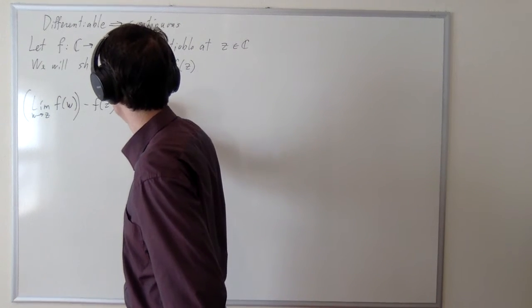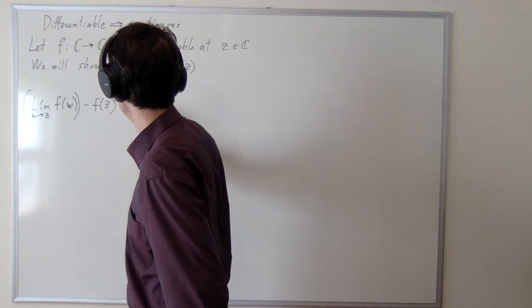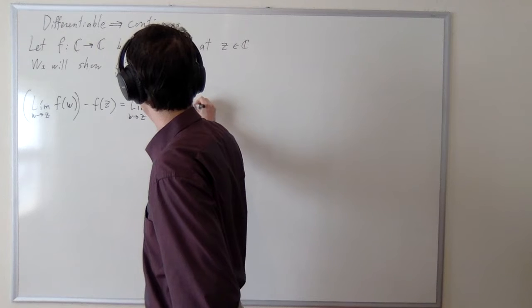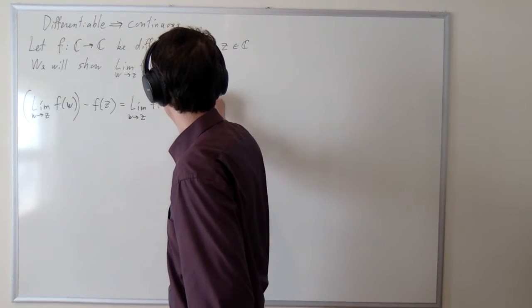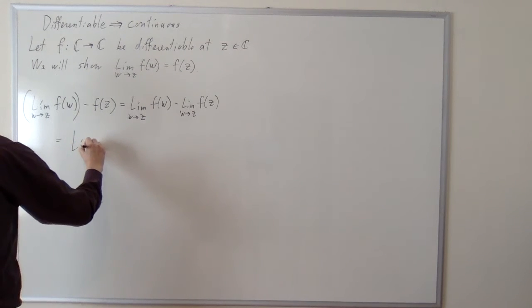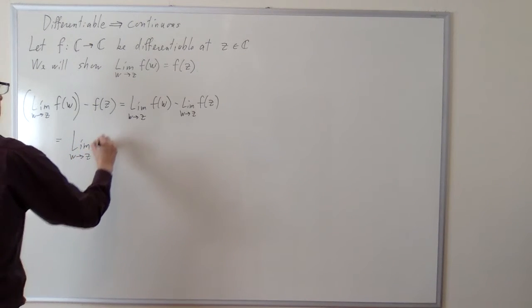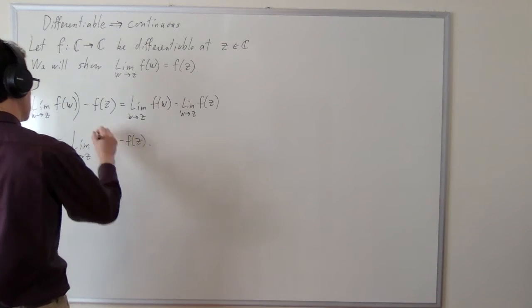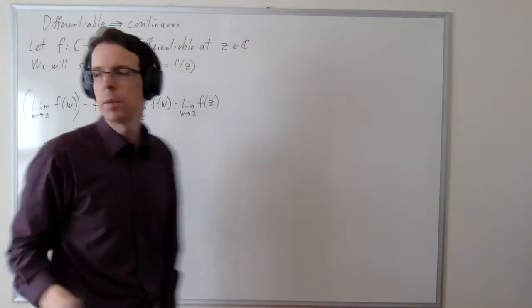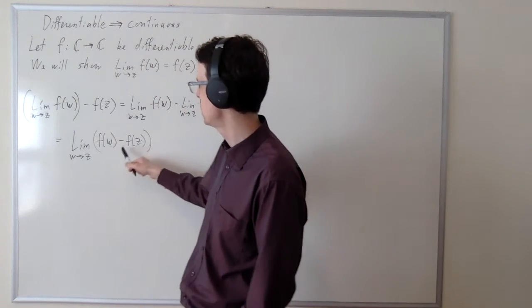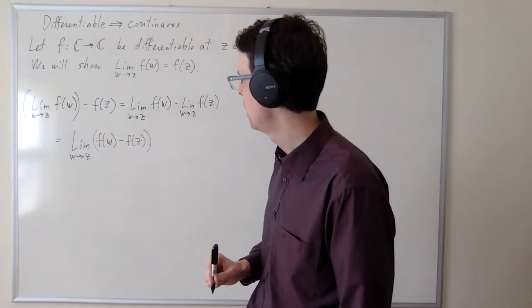And so I may write this as the limit as w approaches z of f of w minus the limit as w approaches z of f of z, and this is equal to the limit as w approaches z of f of w minus f of z. These two limits either both exist or both fail to exist because they differ by a constant value.